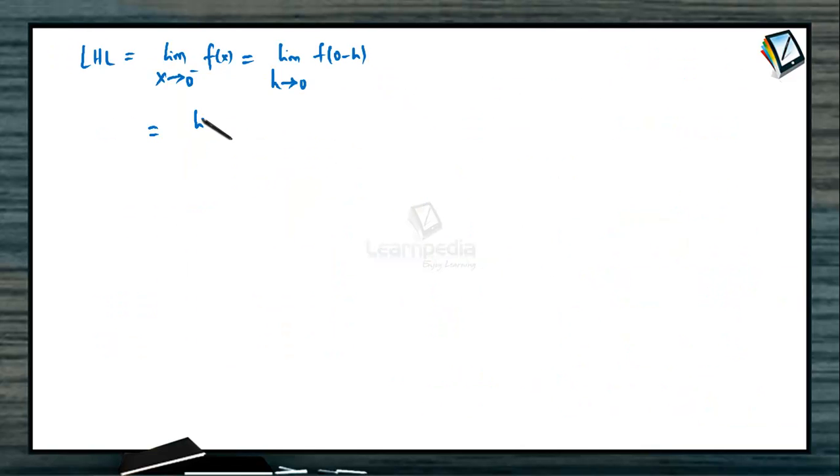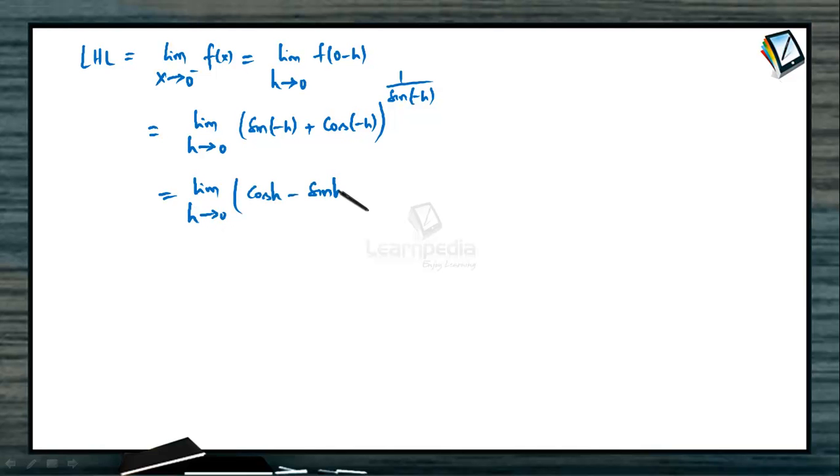So this would be limit h tends to 0, (sin of minus h plus cos of minus h) whole to the power of 1 by sine of minus h, right? By properties of trigonometric functions, this would be limit h tends to 0, (cos h minus sine h) raised to the power of minus 1 by sine h. Now let's convert this into the standard form of Euler's formula.